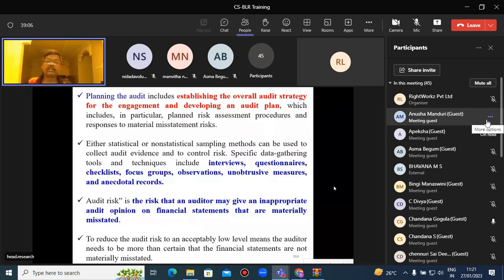SPSS is the Statistical Package for the Social Sciences, or statistical analysis software, and there is also Tableau. There are various statistical data gathering tools and techniques.